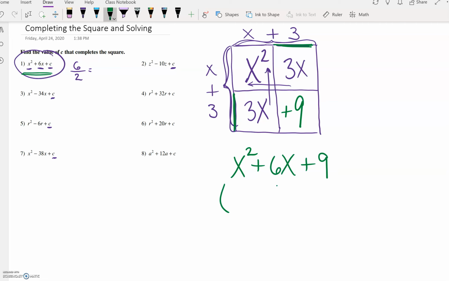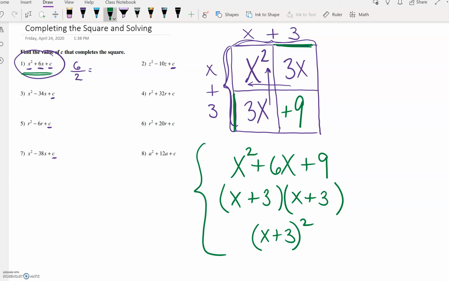And this trinomial is called a perfect square trinomial because it can be written as x plus 3 times x plus 3, or x plus 3 squared. And this is our goal for completing the square.